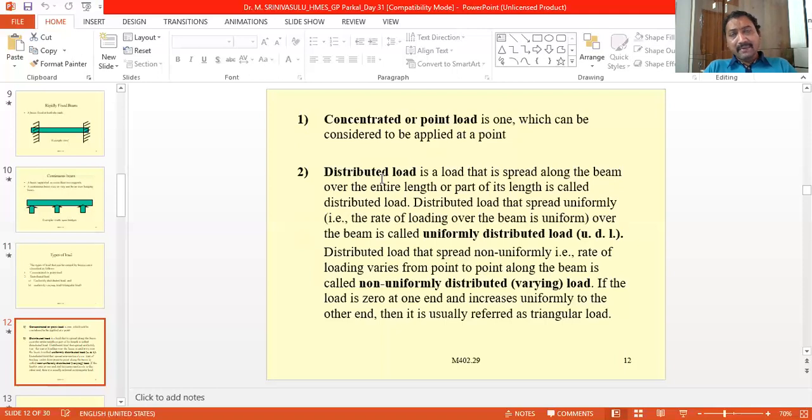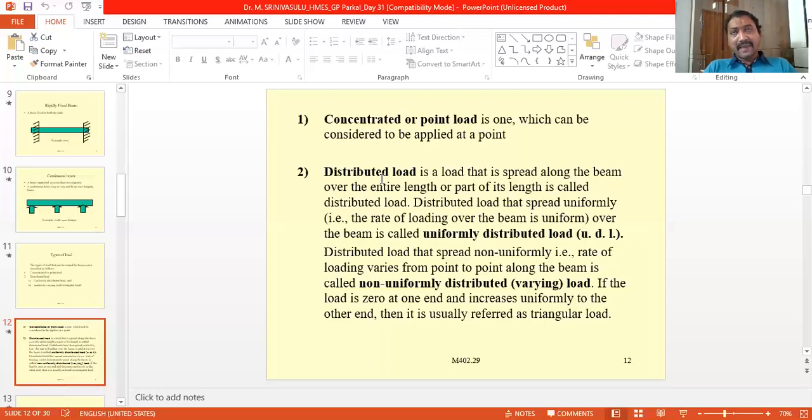One is the uniformly distributed load, UDL, and the second one is the non-uniformly distributed load, that is the uniformly varying load, that is UVL. And in case of the uniformly distributed load, the magnitude of the load is equal at any point toward the length in which the force is distributed.